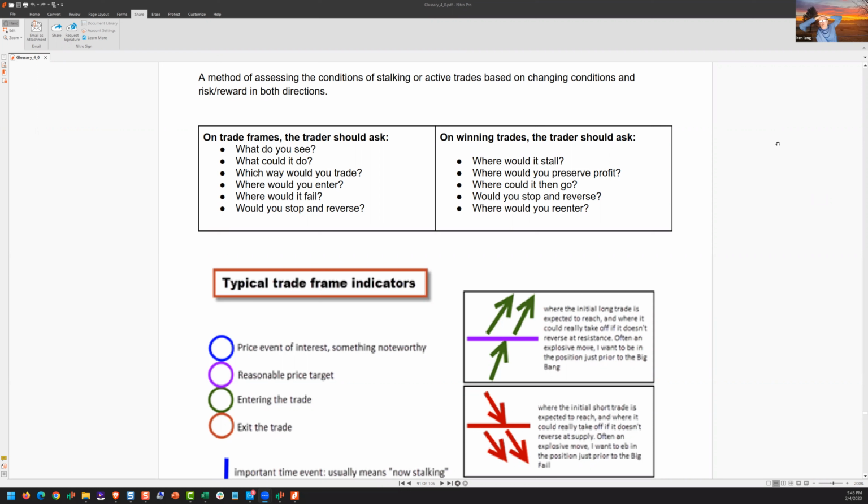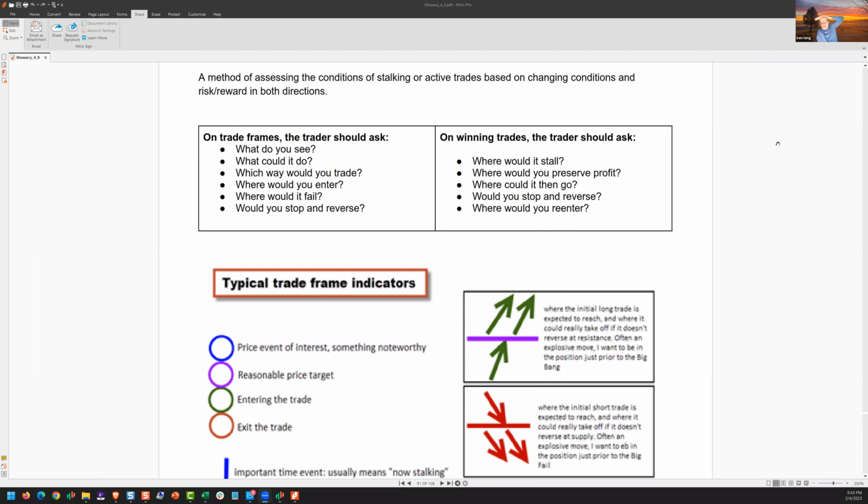Now, if it gets up to a certain level and it starts to fail, would I stop and reverse that winning trade or not? And if I would, how far could it fall back? And why is that a good trade? But then if it goes up and hits the 2-hour battle drill and I get out and it doesn't fail but it starts to resume, where would I re-enter?